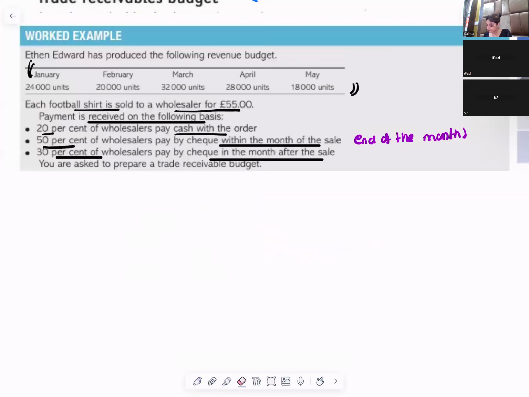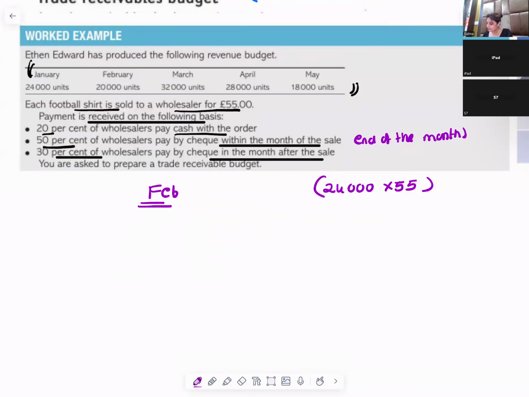So if I am making the trade receivable budget at the start of Feb, what would be my balance brought down? At the start of Feb it would be 7,200. That is the 30% of 24,000 units, into 55.